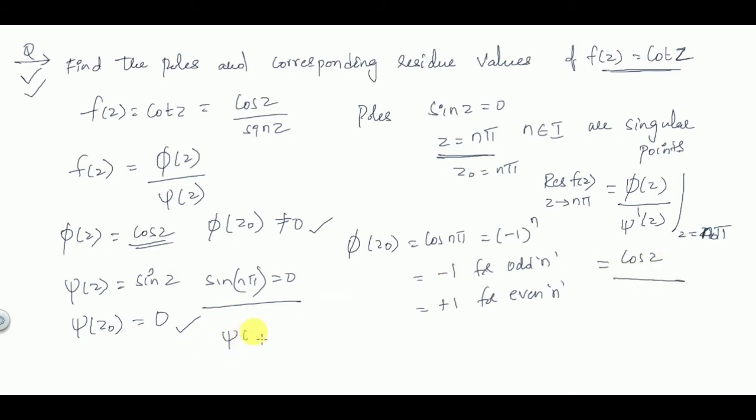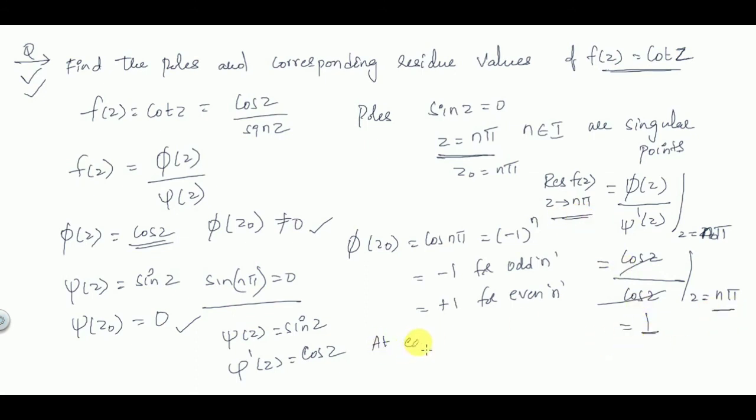Psi of z is sin z, then psi dash of z is equal to cos z, so this is cos z at z is equal to n pi, so both will get cancelled, so it is 1. Therefore residue is going to be 1 for all values of n.